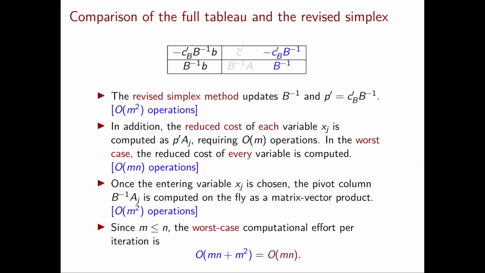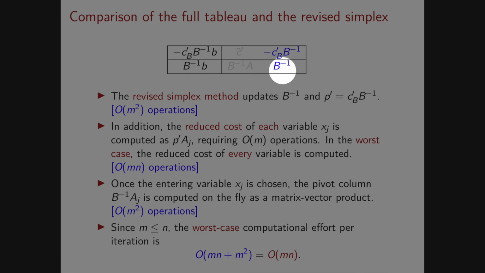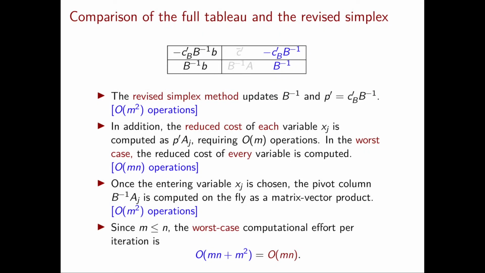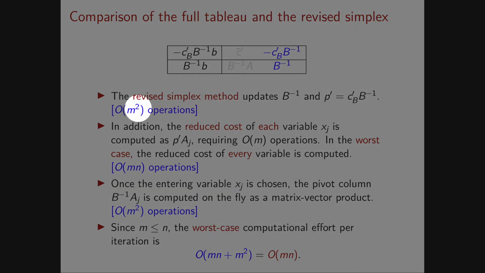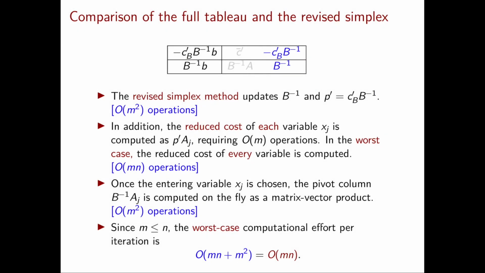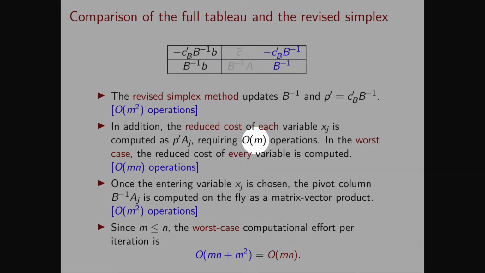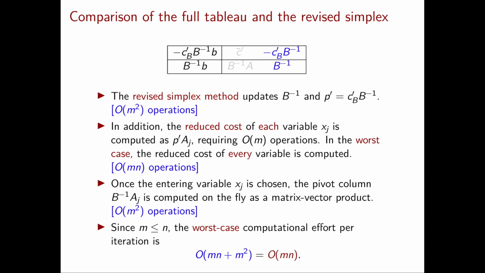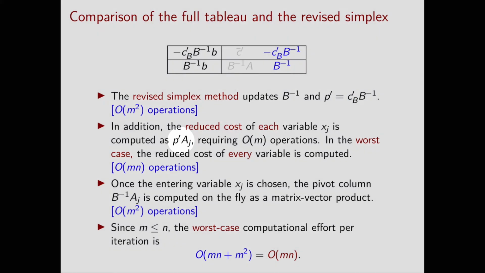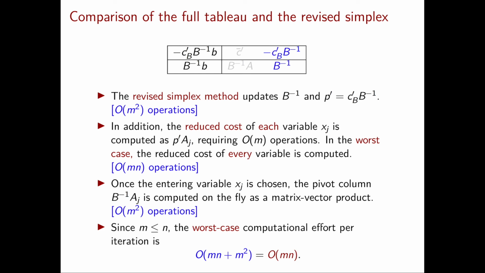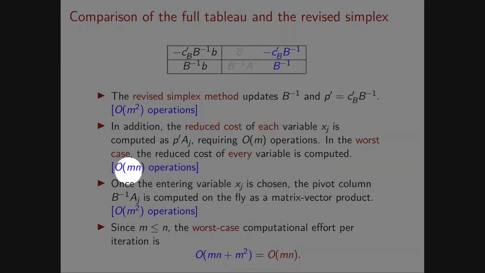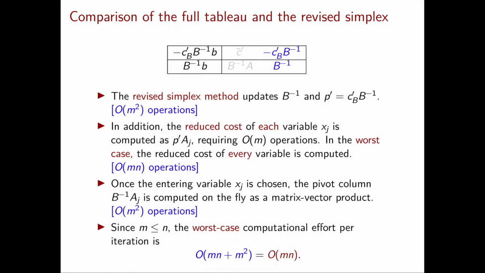On the other hand, the revised simplex method updates B inverse and the vector of the simplex multipliers. This requires only big O of m square operations because this part of the tableau has m plus 1 rows and m columns. Then the reduced costs are computed. Each one we know requires big O of m operations because it is obtained with the scalar product p transpose a_j. So in the worst case, when we need to compute all of them, we need a total number of big O of mn operations.